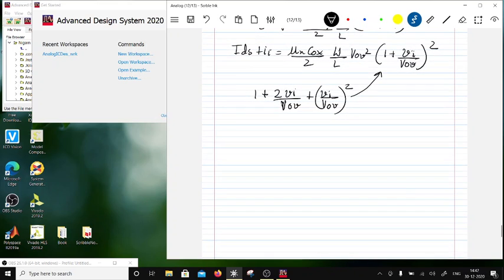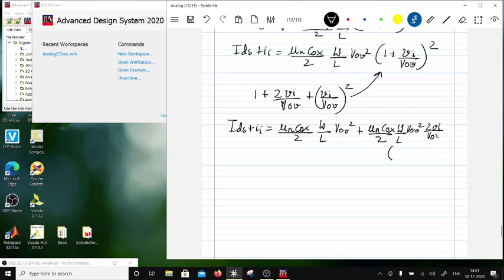So if I do that, I am left with IDS plus Ii is equal to mu n COX by 2 W by L V overdrive square, which is common, plus mu n COX by 2 W by L V overdrive square times this number, in which I'm going to again borrow out twice Vi over V overdrive.